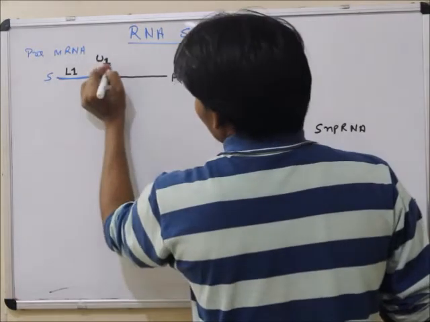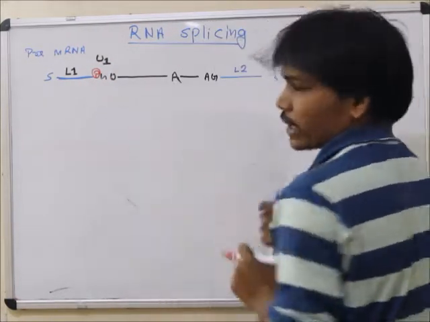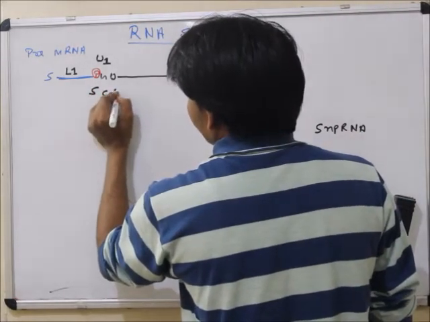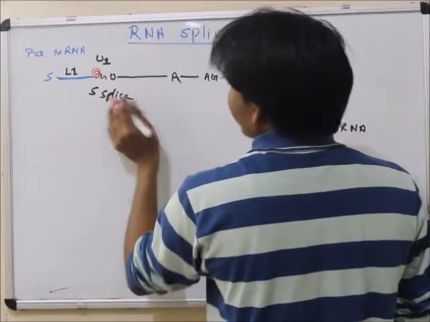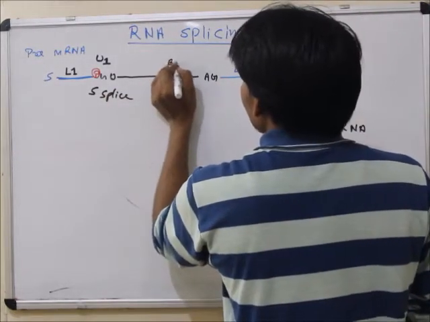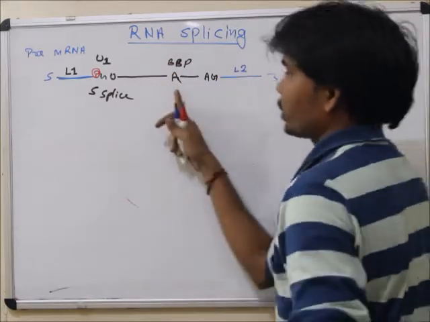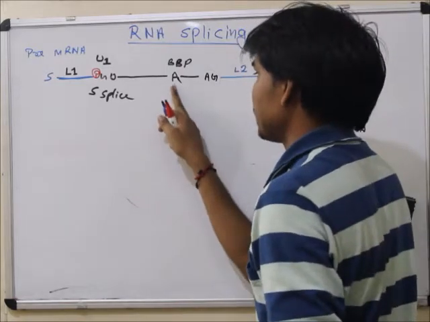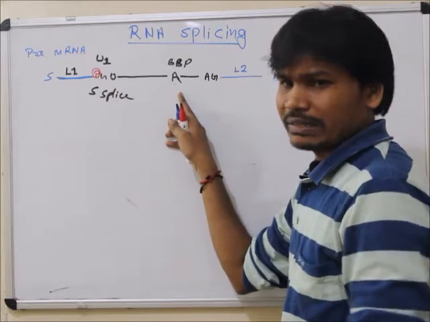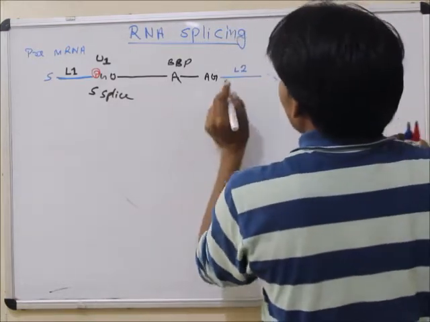U1 first binds to the 5 splice site. This is the 5 splice site, and this is the BBP protein that binds to the branch point within the intron, that is adenine, about 20 to 45 nucleotides within this intron.